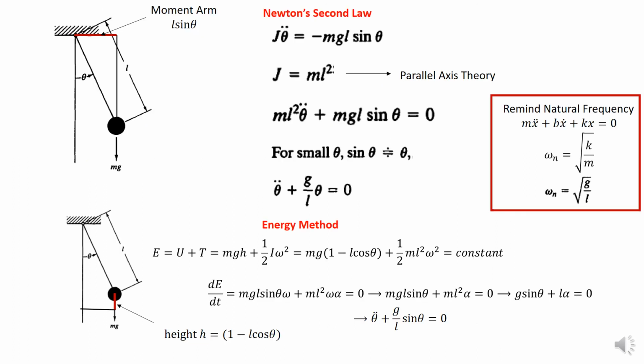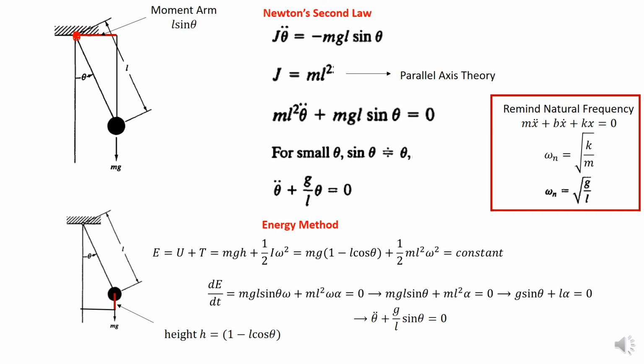So now we have a more complex problem. If we have a pendulum system like this one, with a ball and a cable, it will swing and oscillate, and this will be the length L. If we use Newton's second law for the rotation system, we treat this as the pivot point.